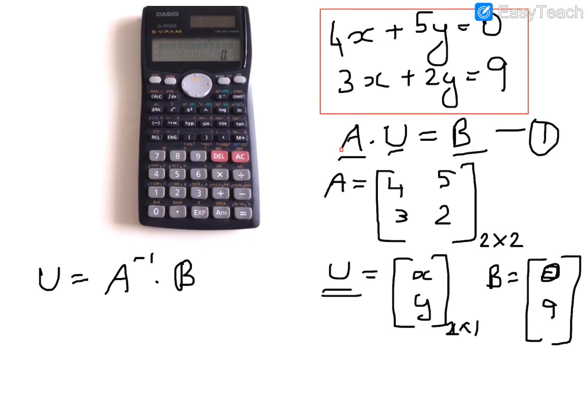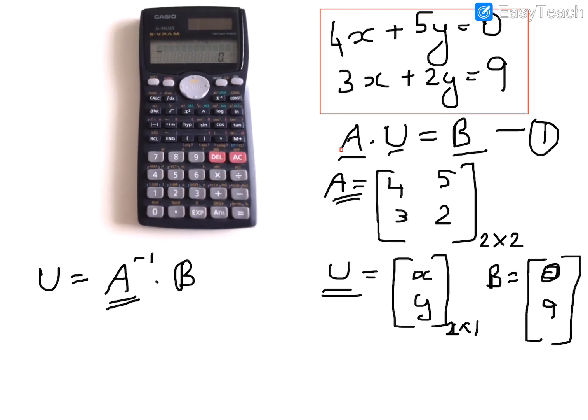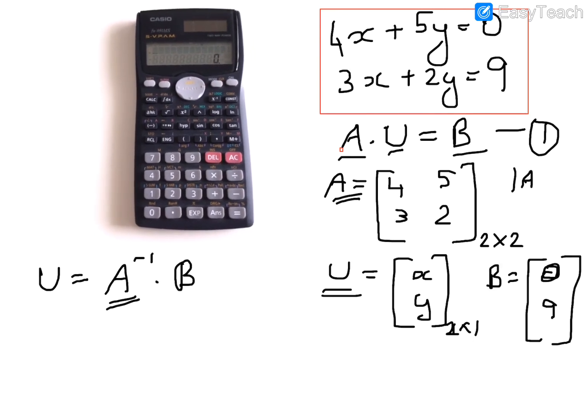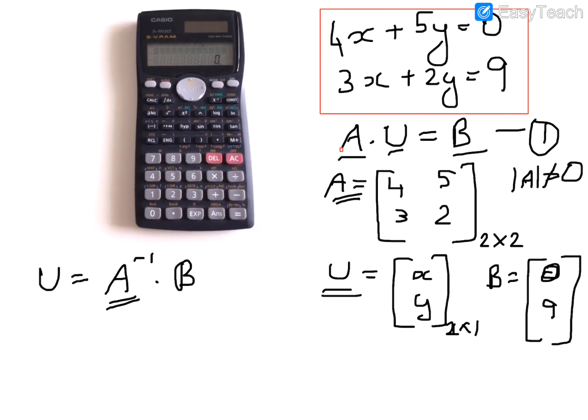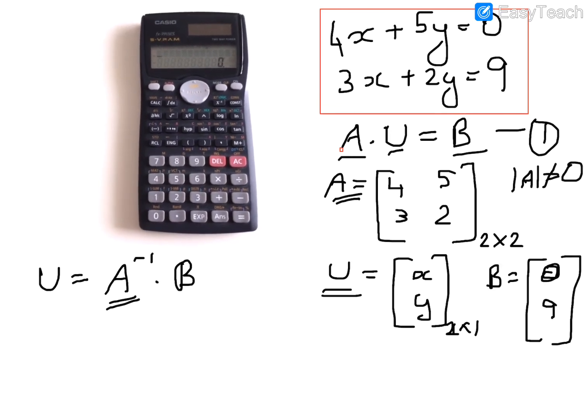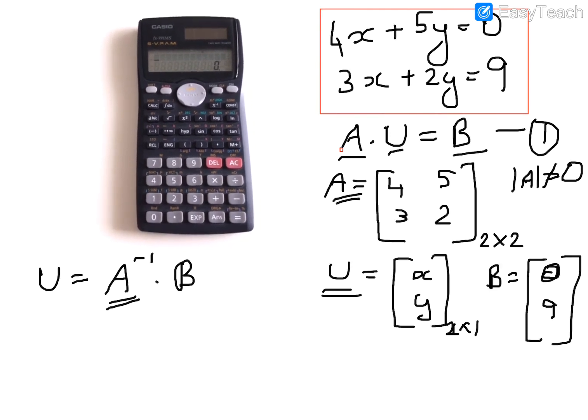So the inverse can only be found if the determinant of A matrix is not equal to 0. If the determinant of this matrix is not equal to 0, that means an inverse exists, and you can use the matrix method to find the unknowns.